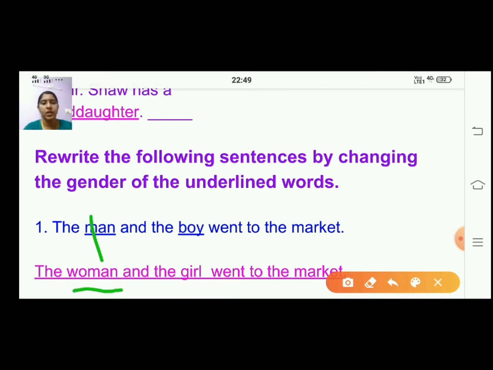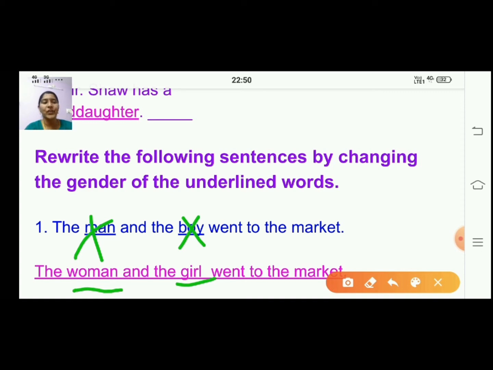Man, woman, right? So man is a masculine gender, woman is a feminine gender. So you are going to remove the man and write woman there, and here the boy you will remove and write girl, right? Opposite, like male, female. So like this you're going to do it for all the sentences.